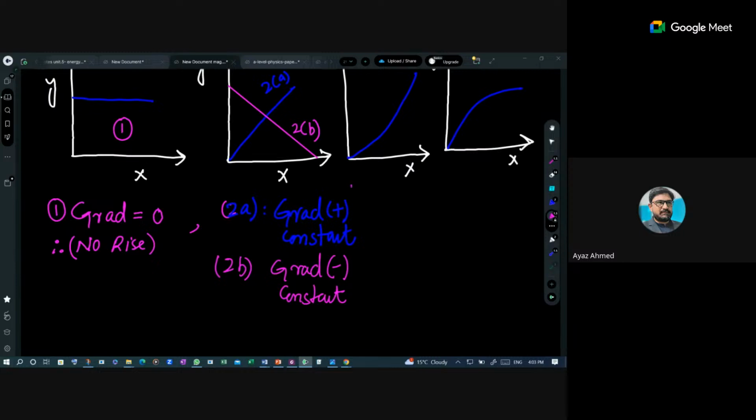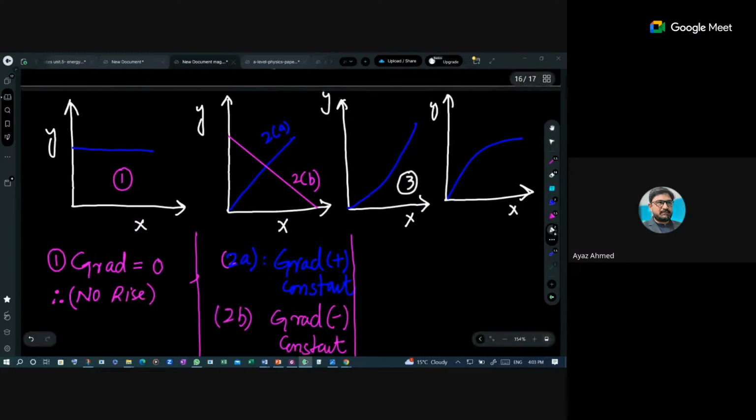Then in the third graph, what do you suggest? Is the gradient increasing or decreasing in graph 3? Increasing. Yes, its gradient is increasing. You can say this graph is basically of increasing gradient.